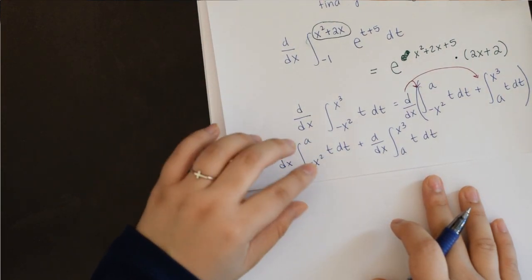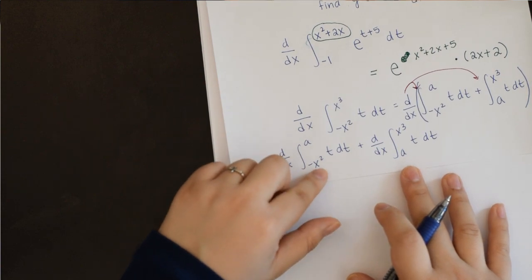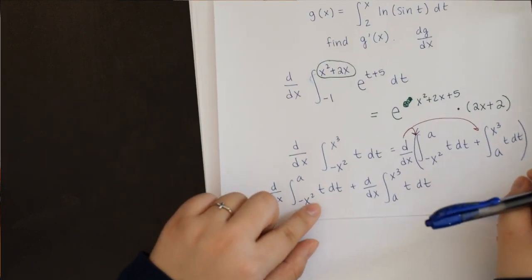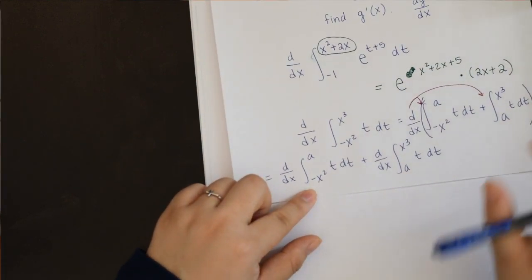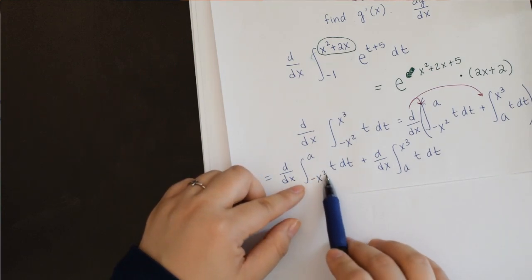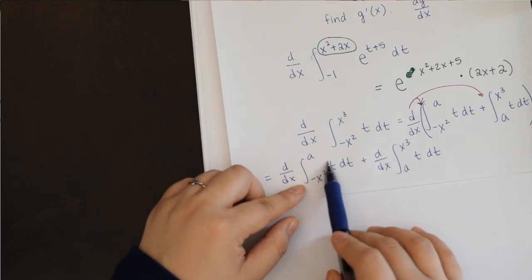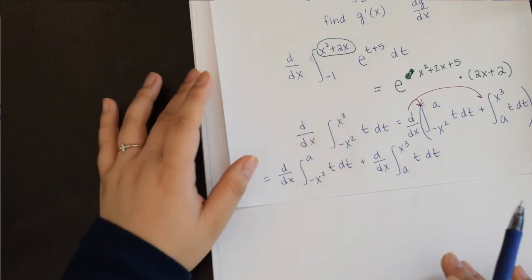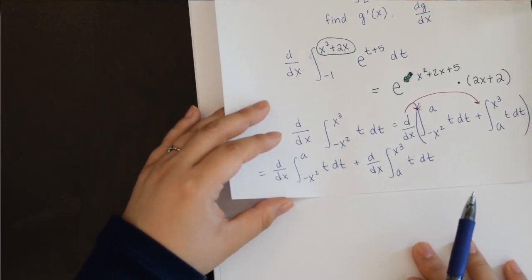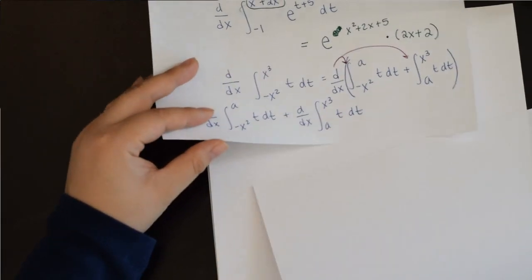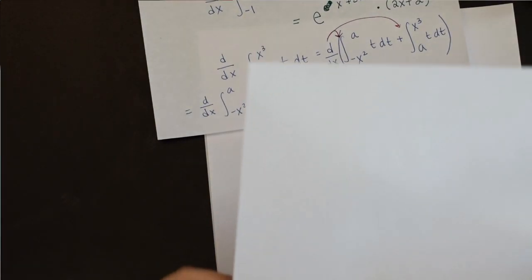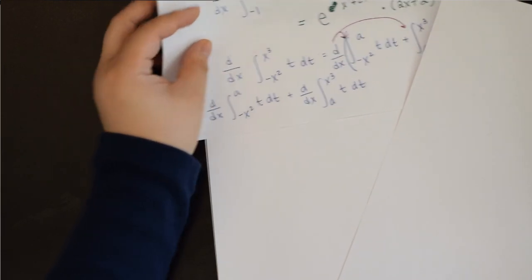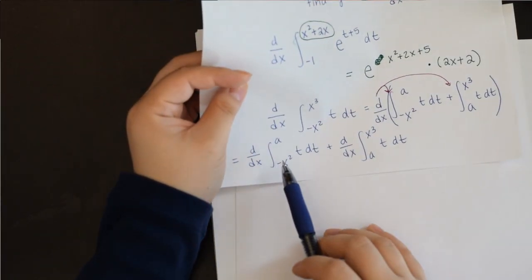Okay, so I just recopied this but with the derivatives of each part, and now there's one more thing that I have to do, which is that right now for this first part, I have negative x squared down here and a on the top. So I'm going to want to flip-flop those bounds, and there is another rule for integrals where we can do that, but we have to take the negative of our integral.